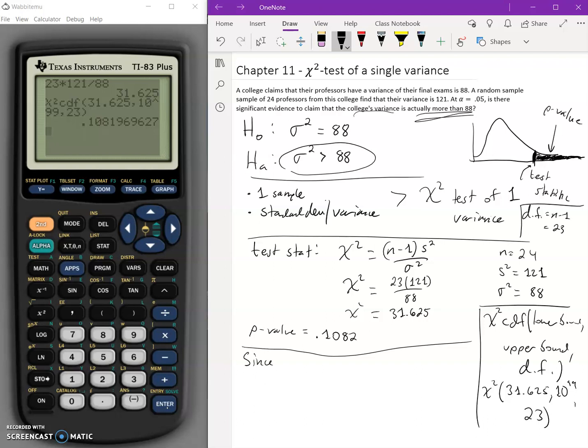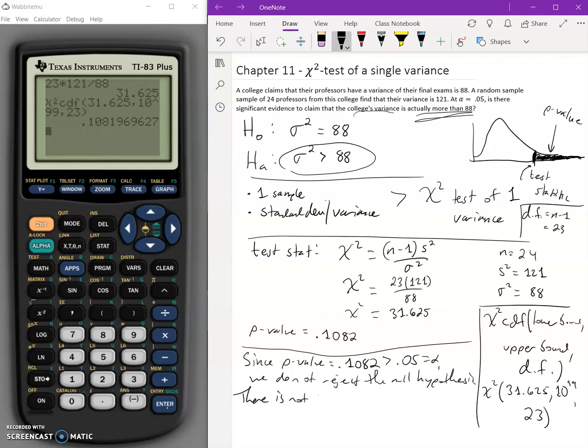So now we just make our final conclusions. Since the p-value is equal to 0.1082, which is larger than 0.05, which is alpha, we do not reject the null hypothesis.